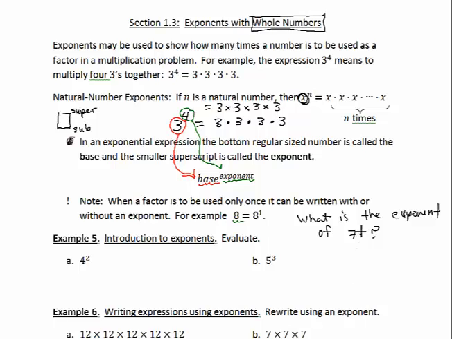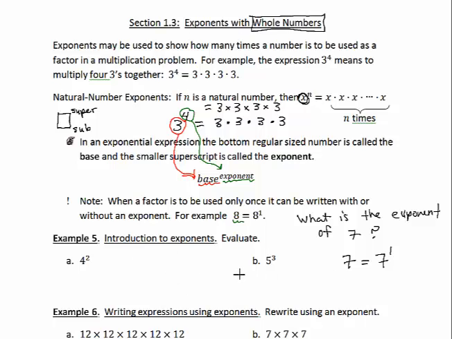Well, you don't see a superscript attached to this number. It's just a number by itself. Well, we could write this with an exponent. We could say that 7 is equal to 7 to the 1st power. And so you should respond by saying the exponent is 1. Okie dokie.